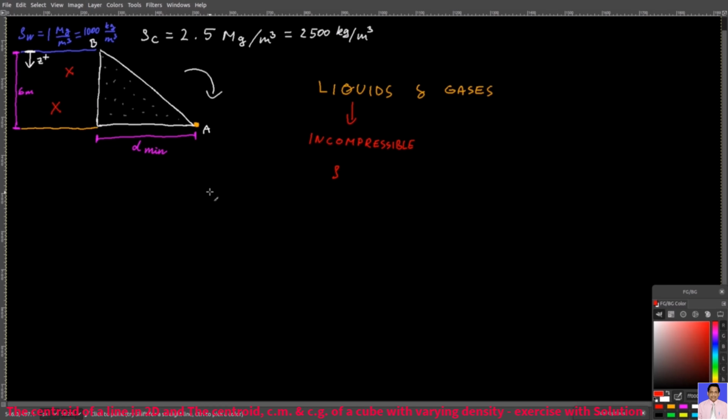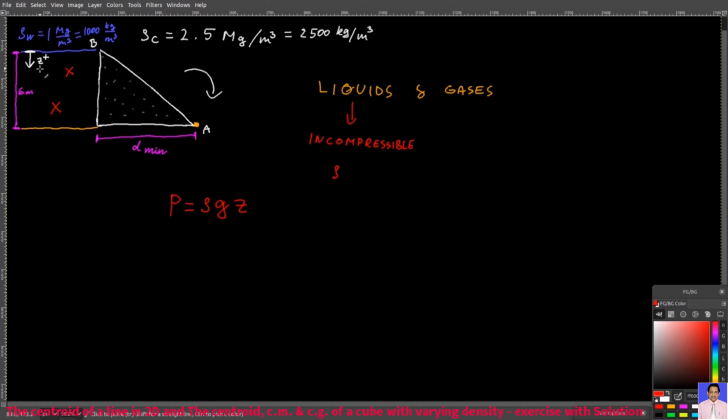In that case, you can use the following formula to determine pressure at certain depth inside water. Pressure P equals the density of the liquid times the gravitational acceleration times z. And note that here we assume that z becomes bigger as you go down, as your depth increases.